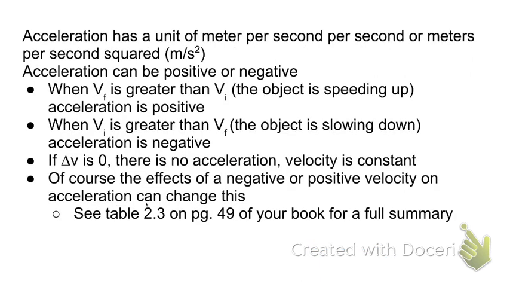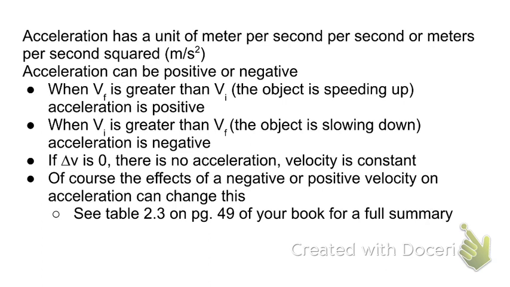Acceleration has a unit of meters per second squared, what we were just discussing. And acceleration can be positive or negative. When your final velocity is greater than your initial velocity, the object is speeding up and your acceleration is going to be positive.